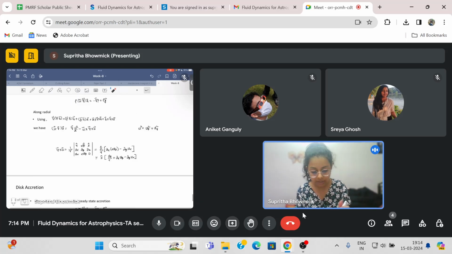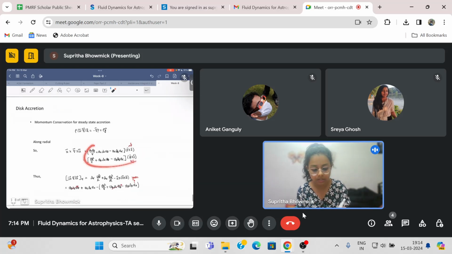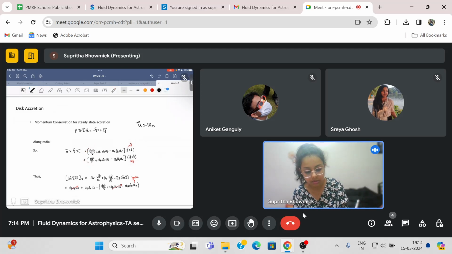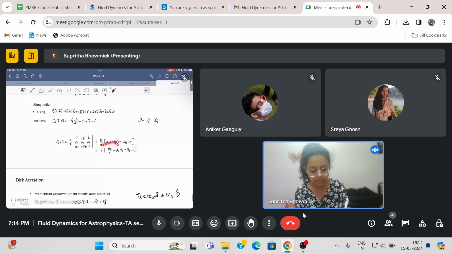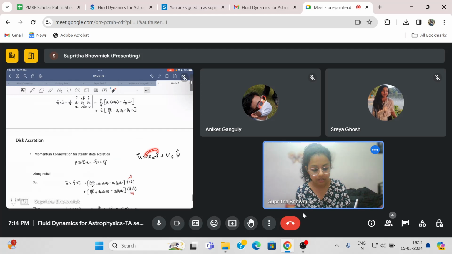Okay. We are yet to take the cross product of U with this. So we take the cross product of U with this. U is some UR R cap plus U theta theta cap. So you'll have a R cap cross Z cap because this entire thing is along Z. So you have a R cap cross Z cap, right?